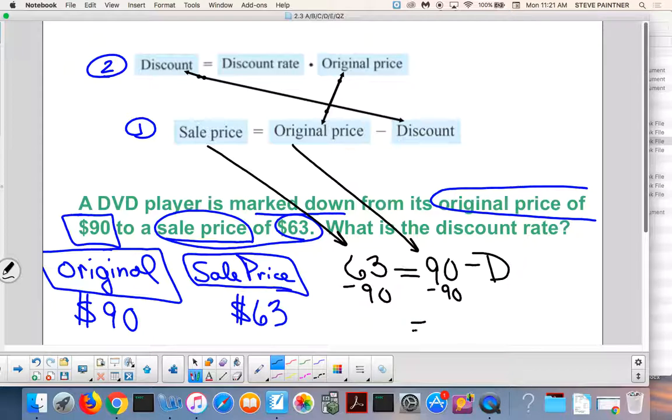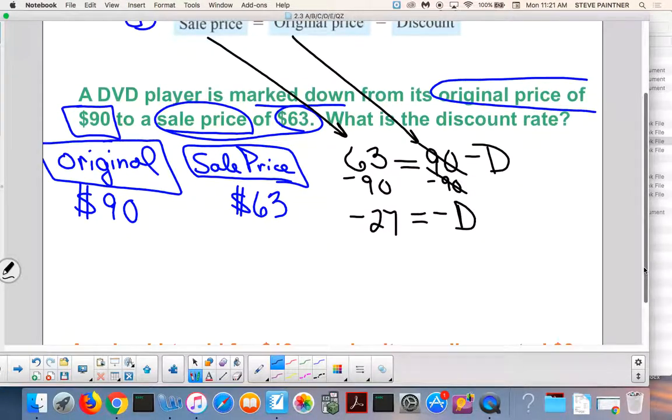You're going to get negative 27 equals negative D. Now, if you get negative D and you want it to be positive D, you just divide the negative 1 in front by negative 1. Okay, and you get positive D, which is the discount.